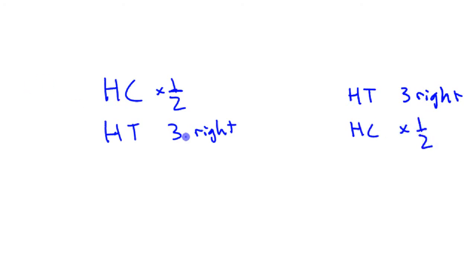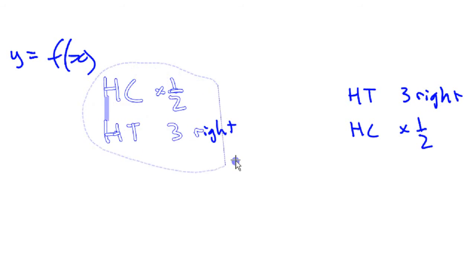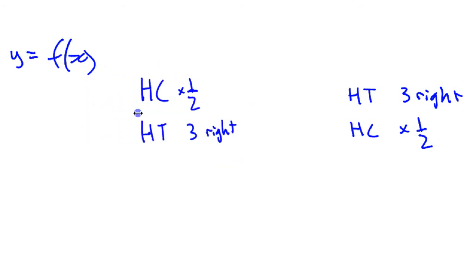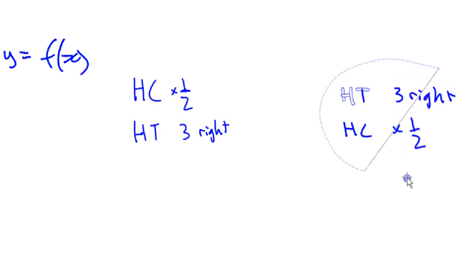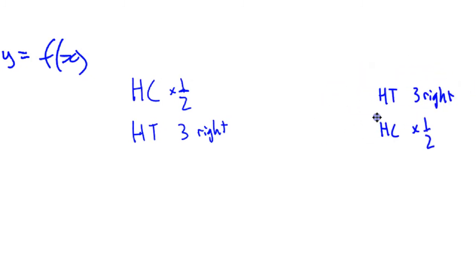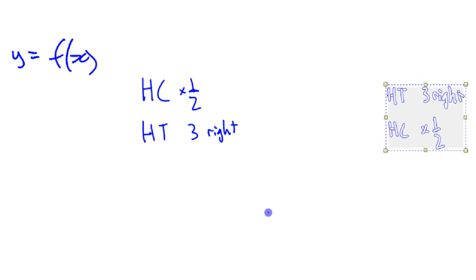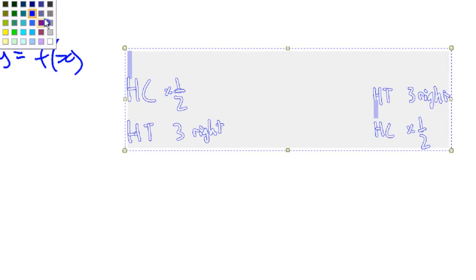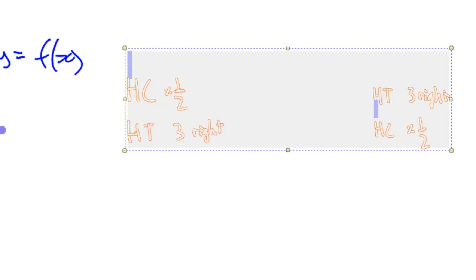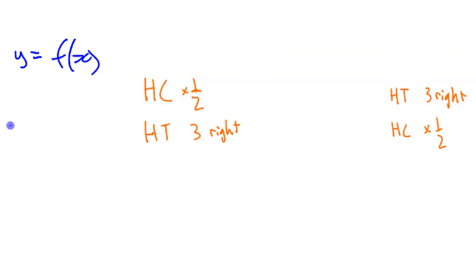If we start with a function here, again just y equals f of x, let's make myself a little more space here. I can do a little horizontal compression on these words to give myself some more space, because I think we can still read them. And to keep things straight, let's make it a different color too. How about orange? Over here we do the horizontal compression first.